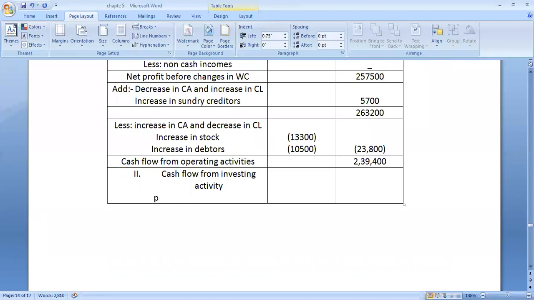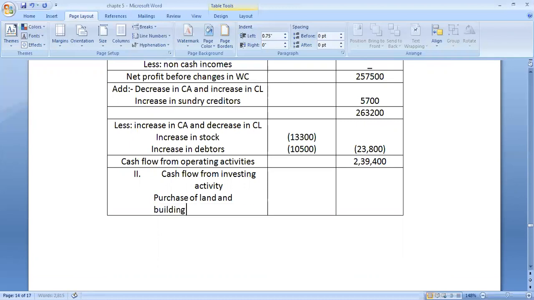So as it is a purchase, it is an outflow of cash. So purchase of land and building. So what is the value of purchase?